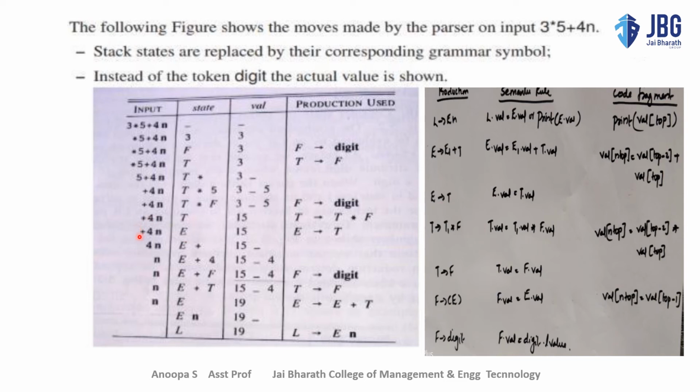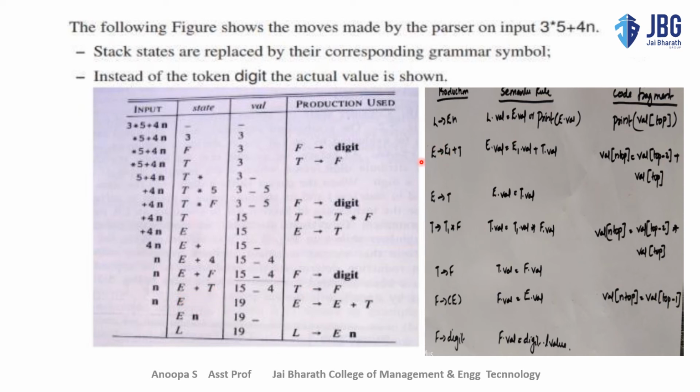Now again plus is the symbol, I am pushing it to the stack. So when I have a plus, I don't have anything. Since the stack has two symbols, I have to make a space for the symbol here, so one blank is there, right? Now next one is 4. So again whenever a value is there, I have to substitute it by F, and it has to be substituted by T. So I have E plus T.